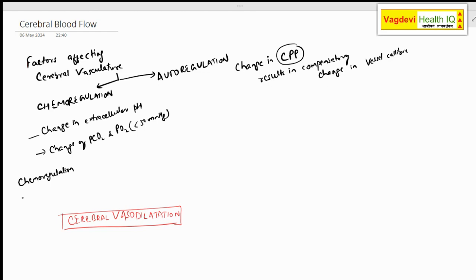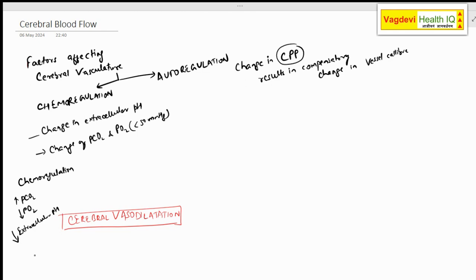So as we discussed earlier, partial pressure of oxygen, in case of dilatation, O2 is less, very less in fact, and extracellular pH should be low.